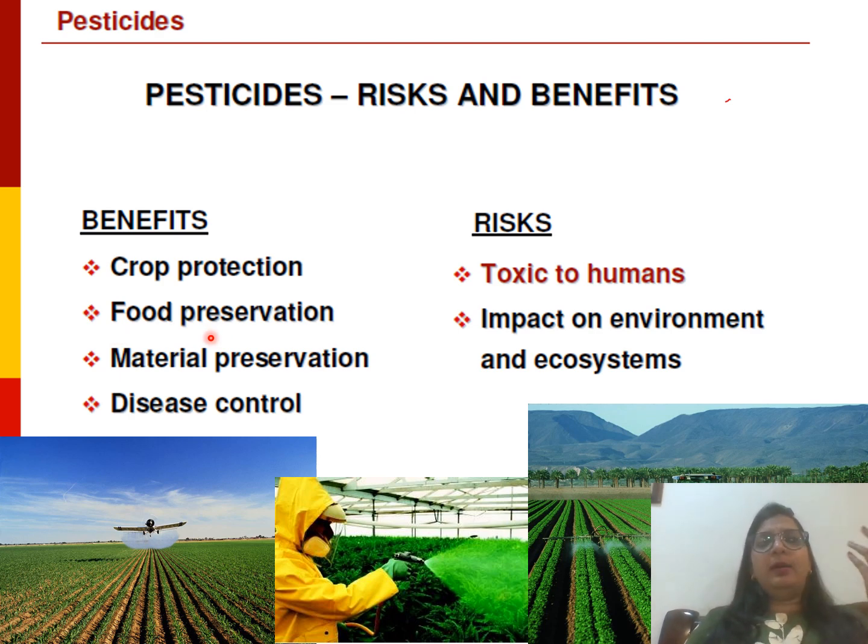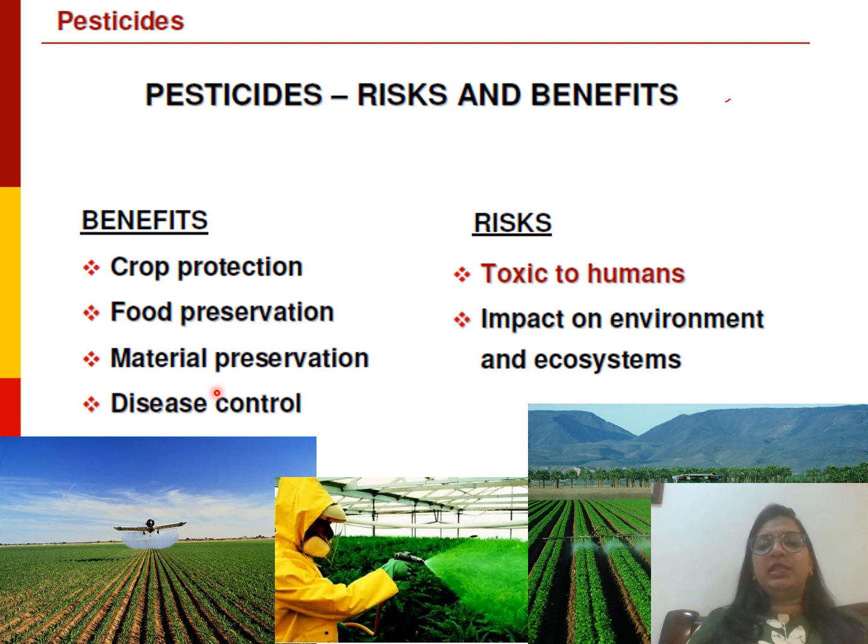To preserve food for a long time, and to repel pests so that they cannot affect our food, we require pesticides. This is one of the very important uses of pesticides.